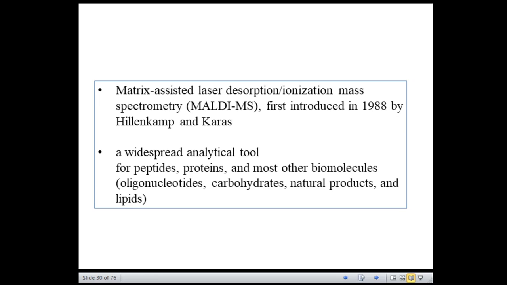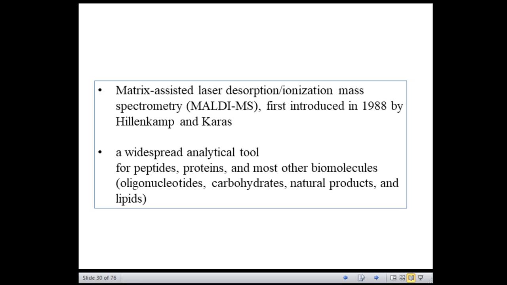The efficient and directed energy transfer during a matrix assisted laser induced desorption event provides high ion yields of the intact analyte and allows for the measurement of compounds with high accuracy and sub-picomole sensitivity.